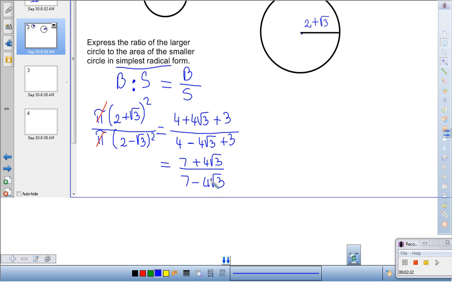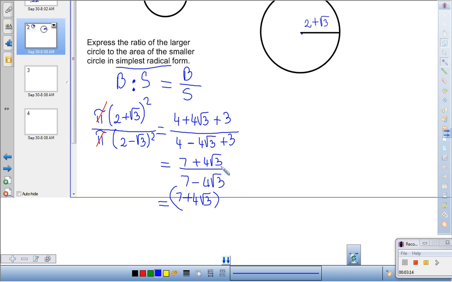Well, we are in situation A, which is we need to find a conjugate of 7 minus 4 radical 3. The conjugate of 7 minus 4 radical 3 is 7 plus 4 radical 3. So we have to multiply both the numerator and the denominator by 7 plus 4 radical 3.